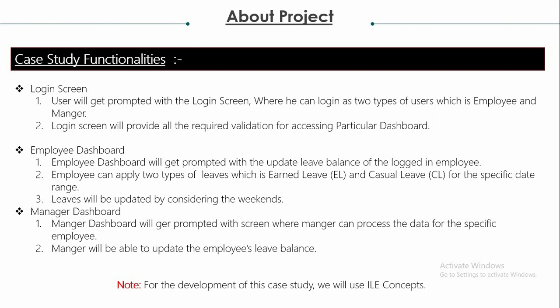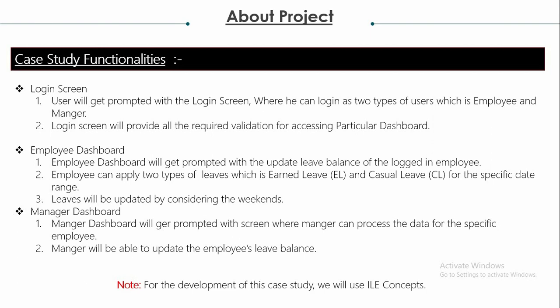The third thing is the manager dashboard. For the manager dashboard, we are going to prompt one screen from where the manager can simply put the employee ID for which he wants to update the data. Once the employee ID is provided, it will be validated, and after validation it will show the current status of the leaves and the leave balance for that particular employee.